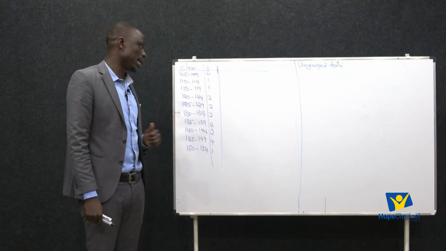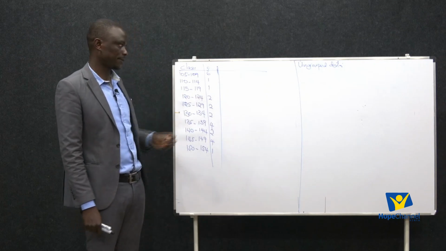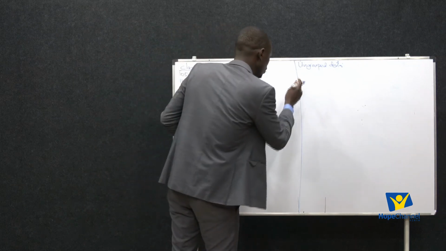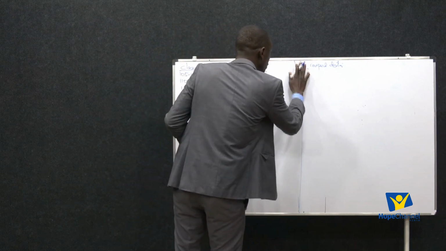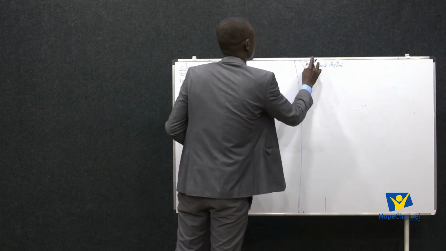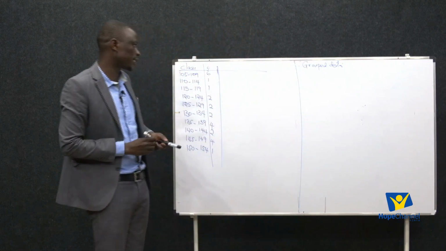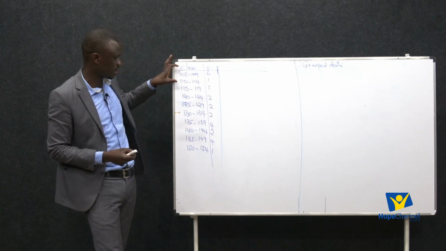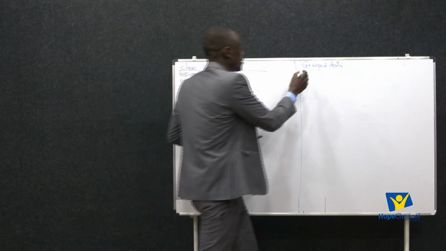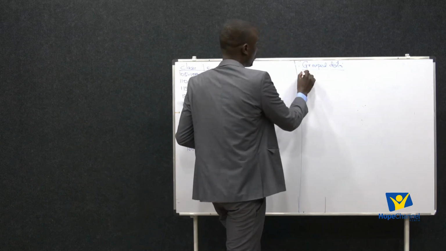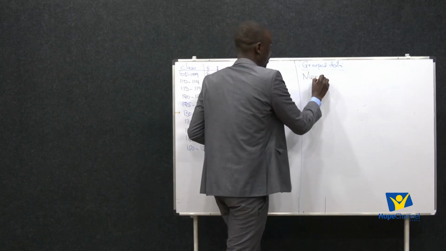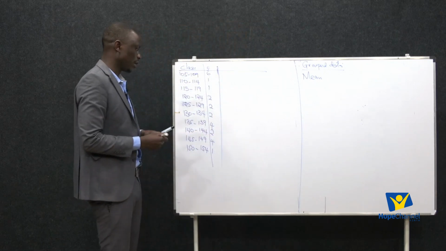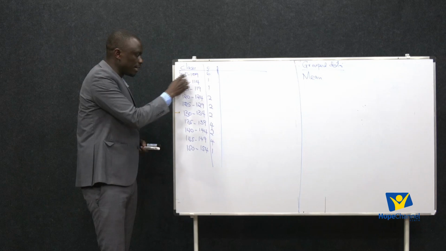Sorry, we are done with ungrouped data; we are supposed to do grouped data. So how do we find the mean when data is arranged into classes? Being arranged into classes means that we have data in between.